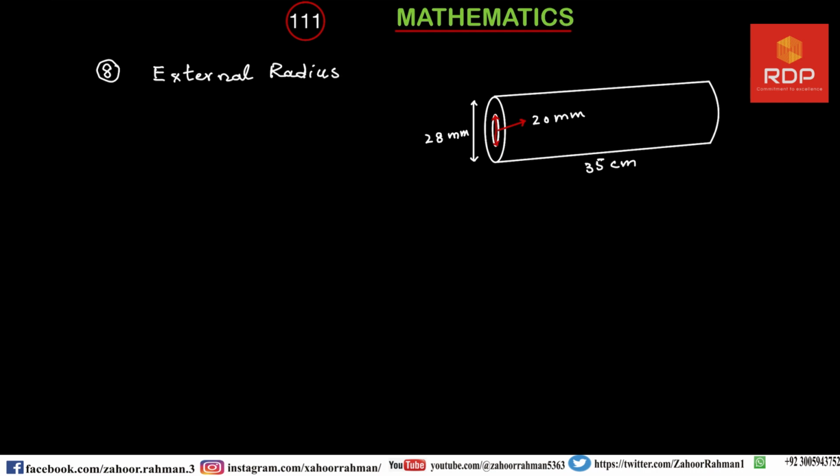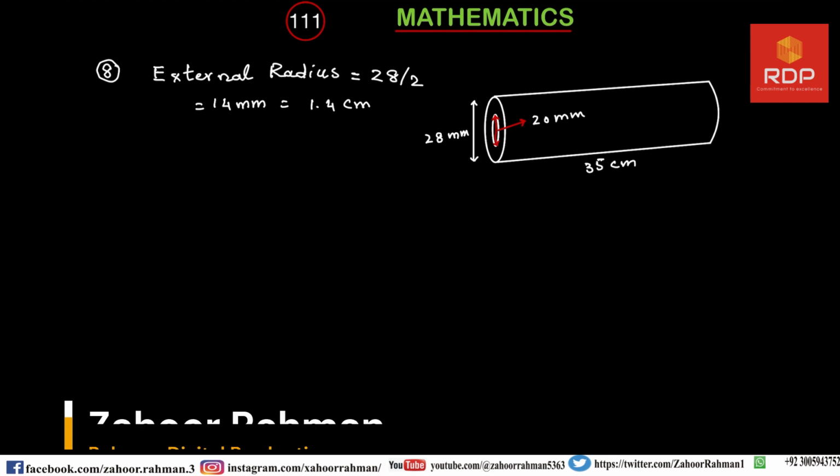The external radius is equal to 28 divided by 2, and that is 14 millimeters. If we convert it to centimeters, we divide it by 10, because 1 centimeter contains 10 millimeters.